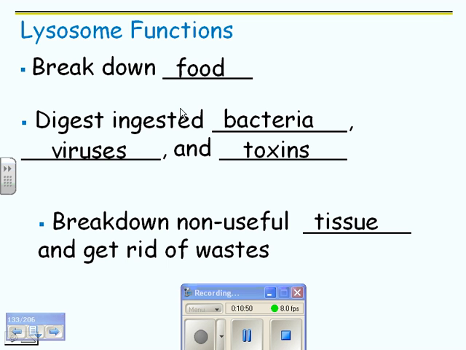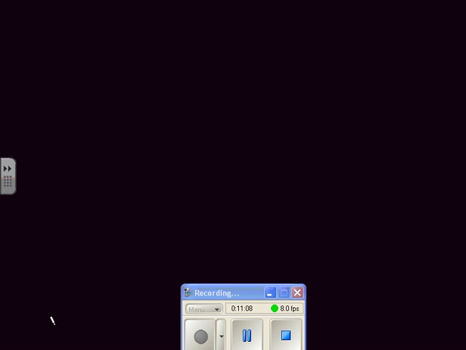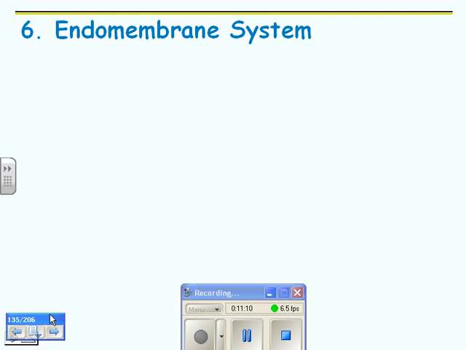So lysosomes, think of these as the recycling center. Recycle. They get rid of all the junk that you don't need, whether it's non-useful tissues, just old tissue that you don't need anymore, or if it's bad stuff, bacteria, viruses, cancer, toxins, it'll get rid of all that stuff for you. Another really great video that I'll show you later.